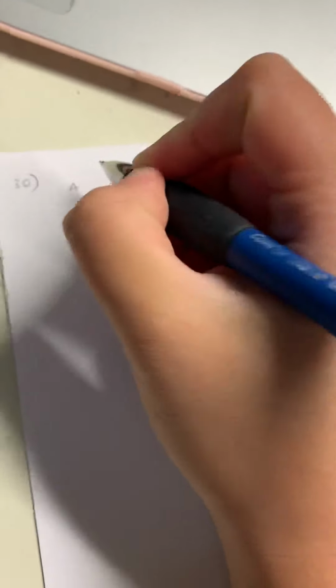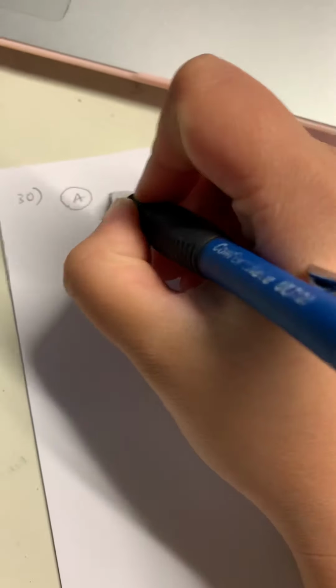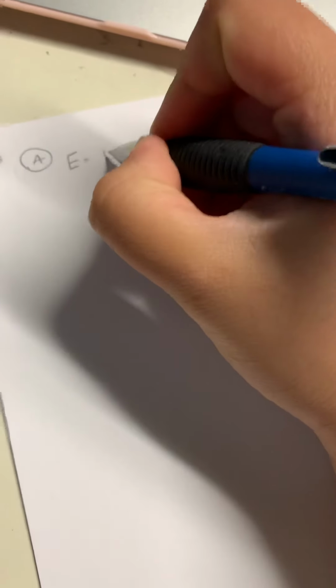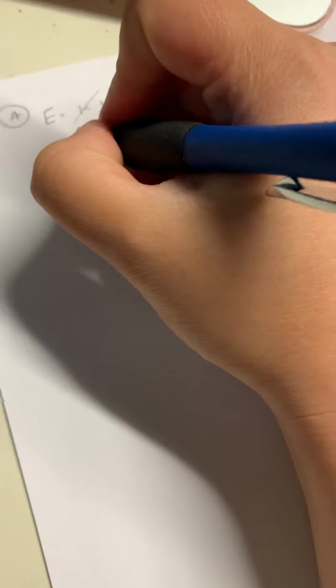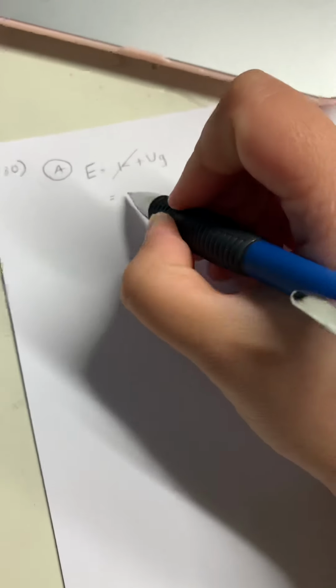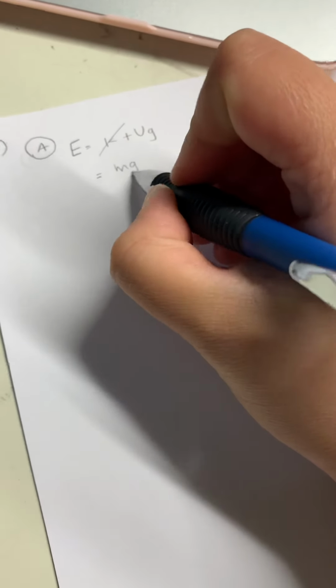So at point A, you can see that the total mechanical energy is equal to, but since there's no kinetic energy, cross that out, and the mechanical energy equals mgh.